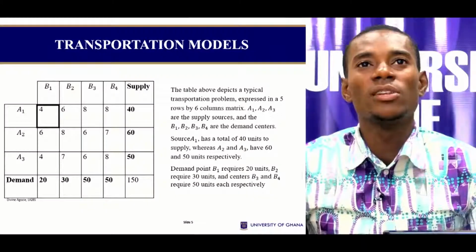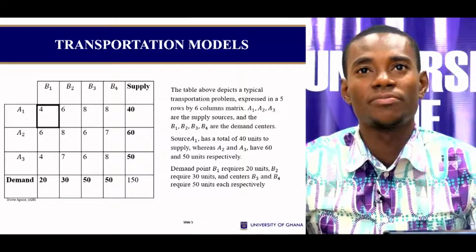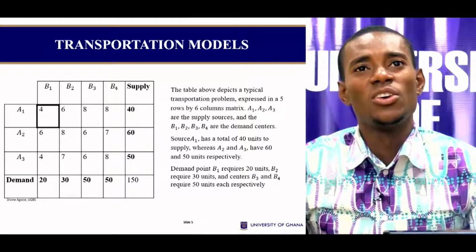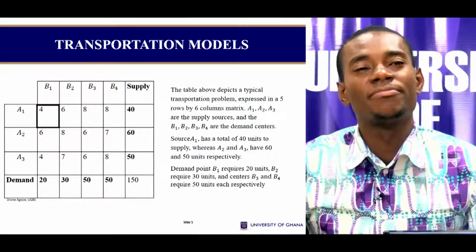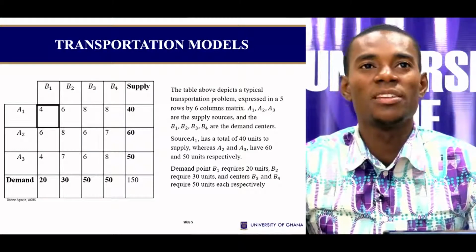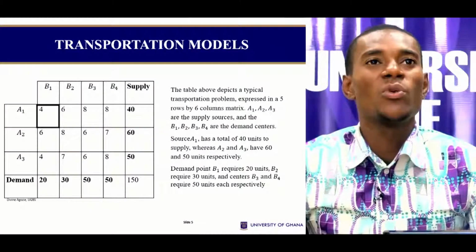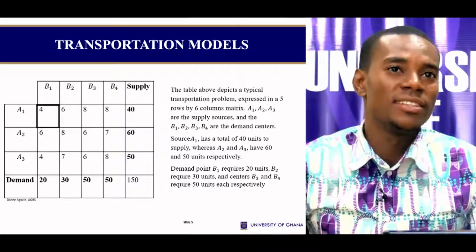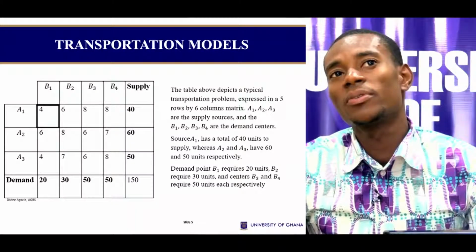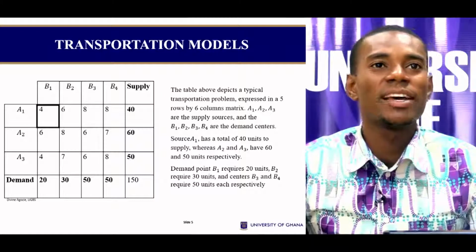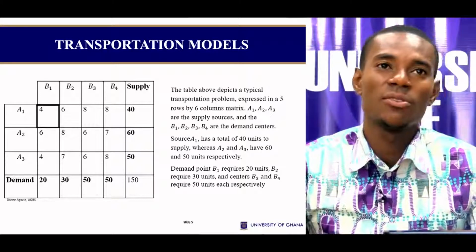So let's first look at the first one. Typically, we represent our transportation problems in a matrix or table form, where we have the demand points at the top and we have the supply on the left side of our table.